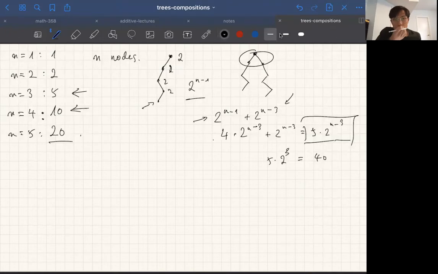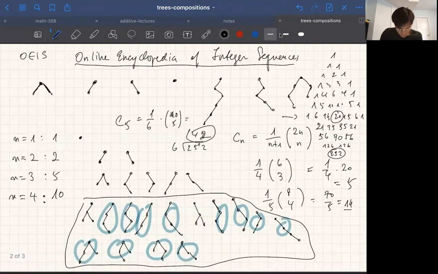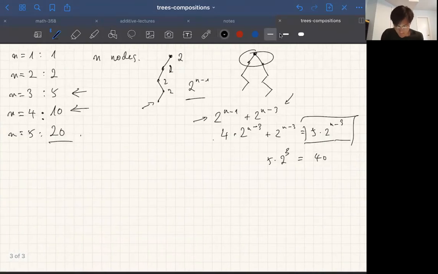Okay. Are we missing some cases? 2 to the n minus 1, 2 to the n minus 3. 5 times 2 to the n minus 3. Definitely seems off.